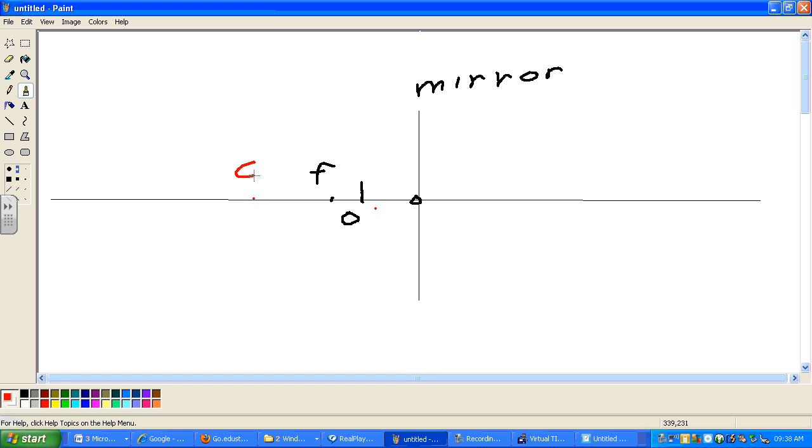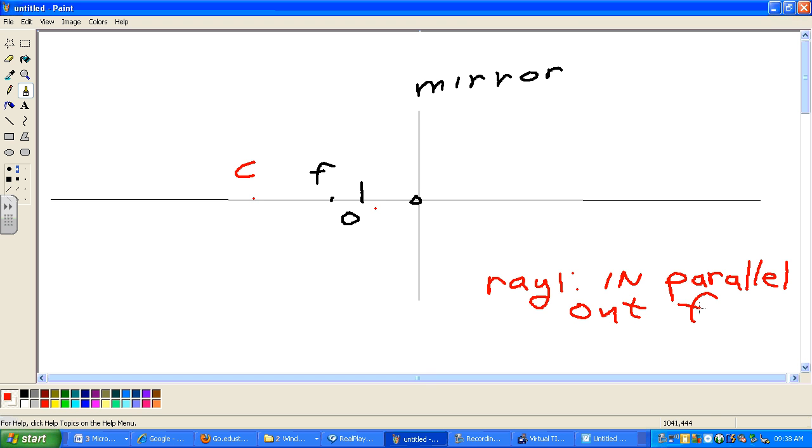And now we start constructing rays. The first ray I'm going to make is a ray that comes in parallel to the axis.